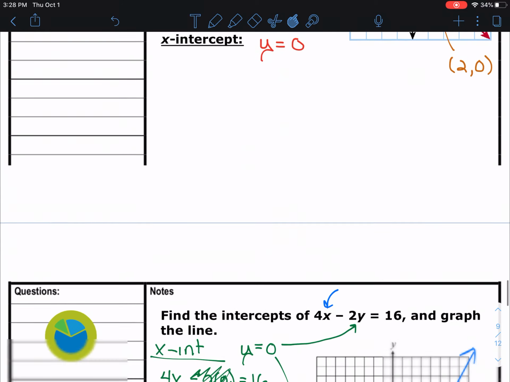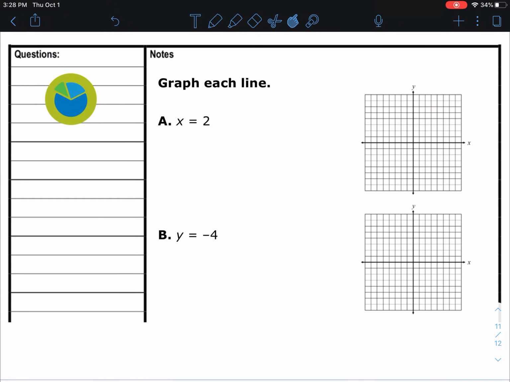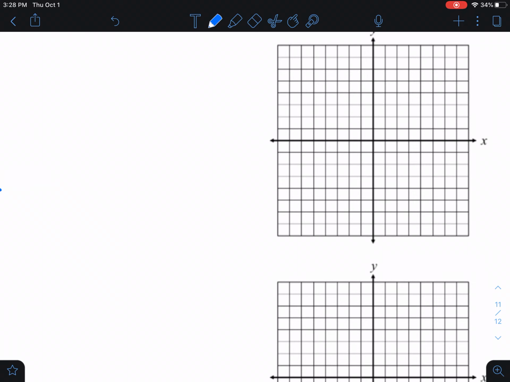So I've got x equals a, this is my a value, and a is where it crosses the x-axis. So I find 2, that's right here. And now that's just a vertical line that passes through 2 on the x-axis. And you've got your line.